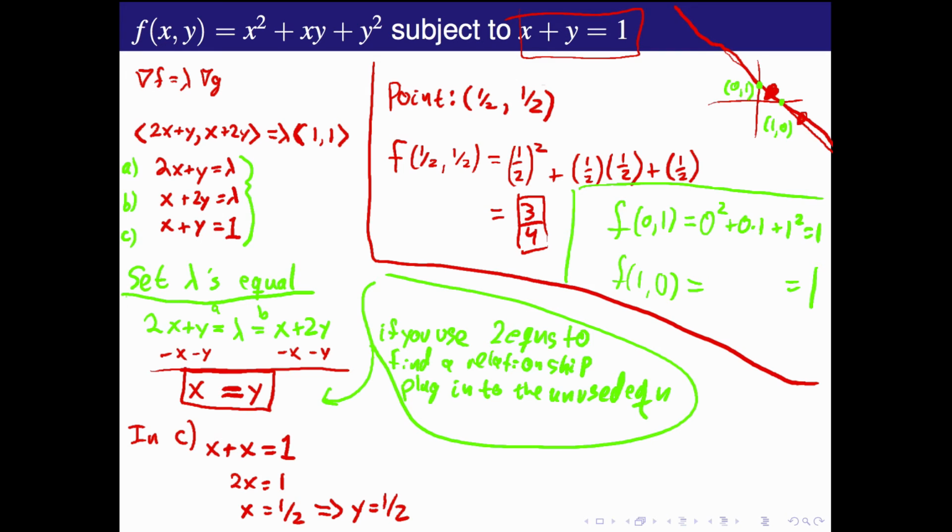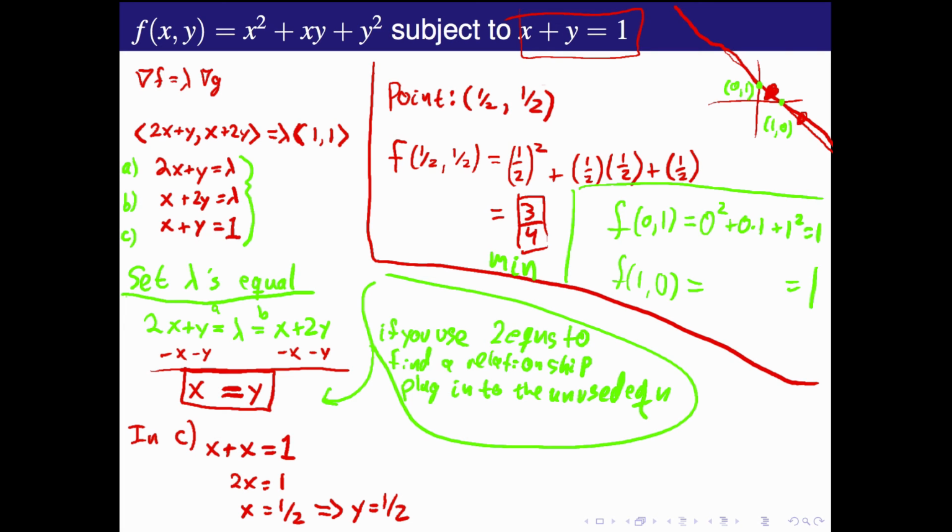These numbers are larger than 3/4, and we know from Lagrange multipliers that if we're going to find a max or a min, it will occur at this point. So there can't be maxes or mins lying somewhere else along this curve, which means since the function evaluated at this point is smaller than other points around it, this is a minimum.